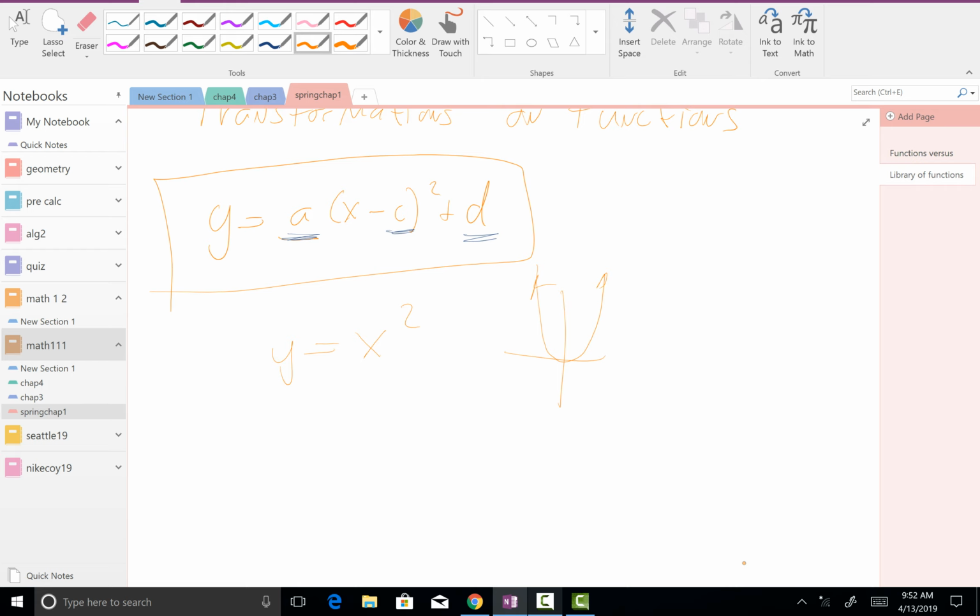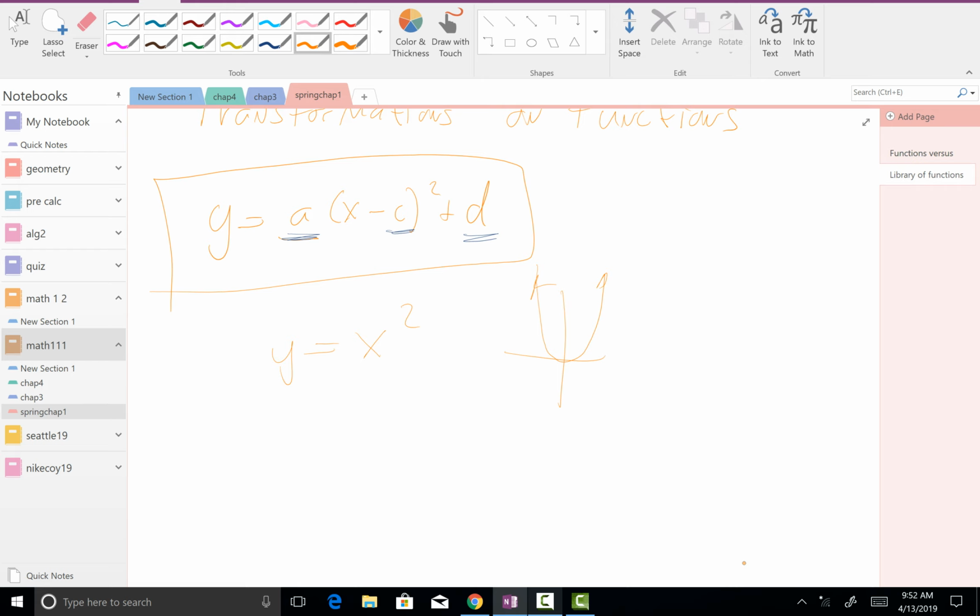So I'm going to go y equals, I like using this, a times parentheses x minus c squared plus d, and I'm going to do all sliders. So what you want to do is get c to be 0 in the beginning and d to be 0 in the beginning.